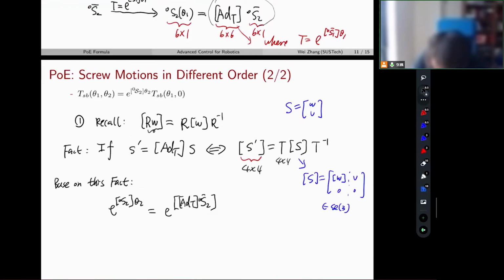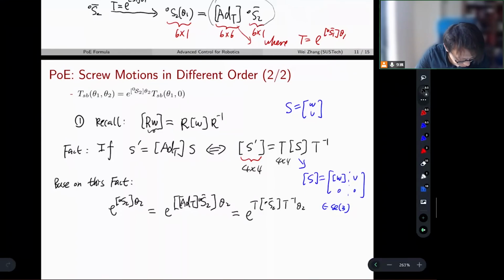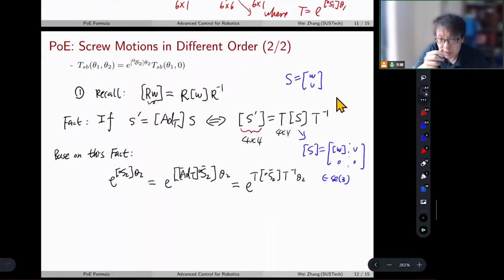Then I take the matrix representation and multiply by theta 2. By this fact, this is equal to T times S2 0 bar, T inverse times theta 2. Theta 2 is a scalar, so overall we have T times e to the S2 0 bar theta 2 times T inverse.